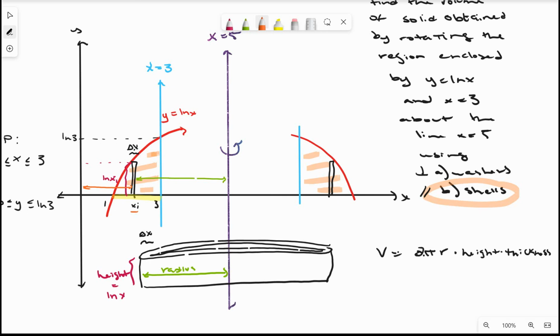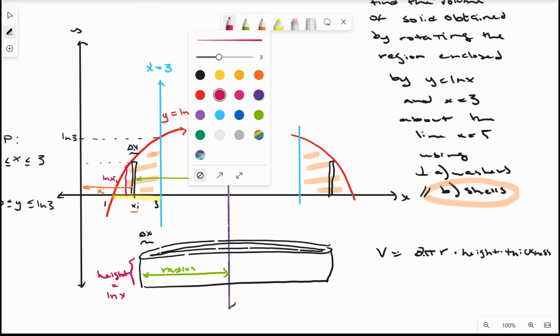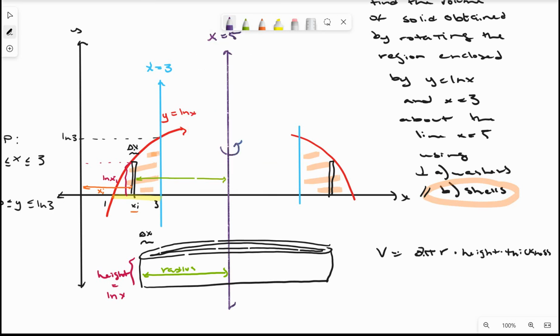And then this total distance, what other color can we use? Purple. This total distance here is 5. So this green distance is just the purple distance minus the orange distance. Do you see that? That's just 5 minus xi. So the radius is 5 minus xi.